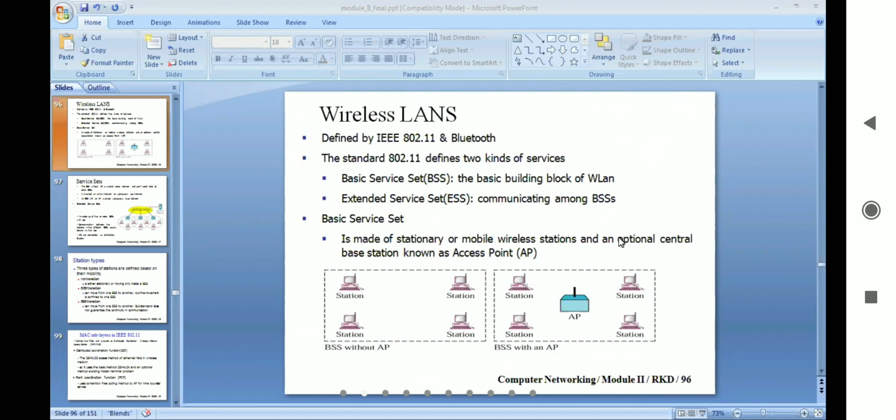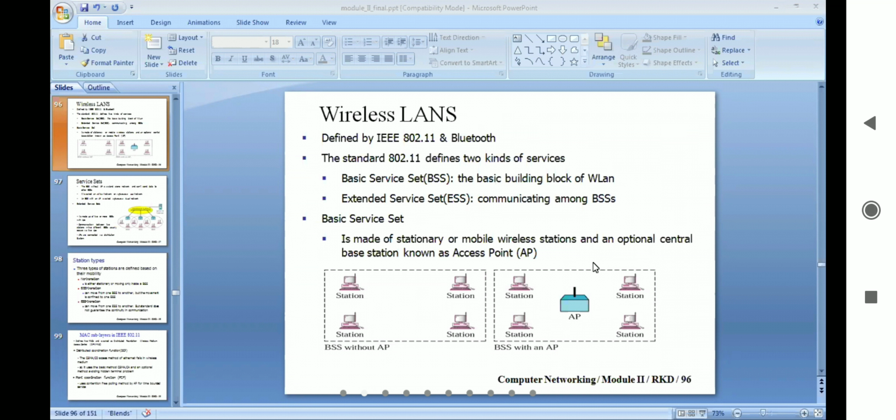Then you can see this structure. This is also a BSS, but here one infrastructure is there, that means one access point. One workstation can communicate with another workstation in the same BSS through this access point. In our Silicon corridor, you can see in some places there is an access point.